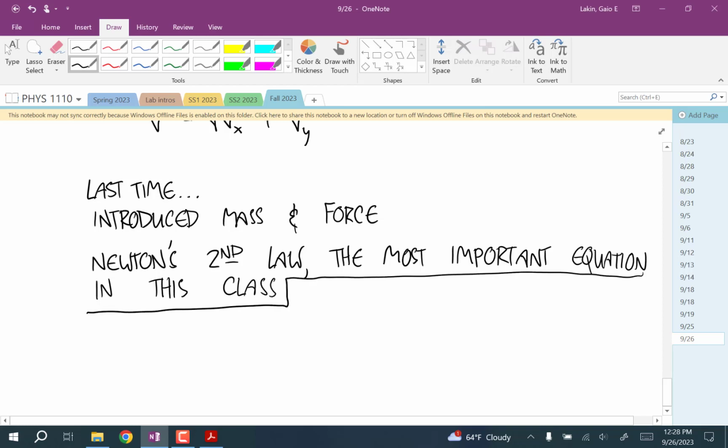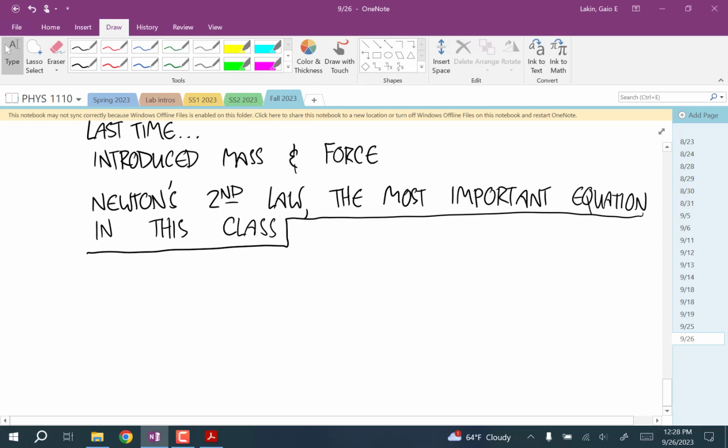Newton's second law says if you add up all the forces acting on an object, I'm calling that F net, and remember forces are vectors, so what you get is going to be a vector. The sum of all these force vectors is going to be equal to the mass of the object times the acceleration of the object's center of mass. I'll just write it as A. We're still doing particles, so we're treating every object like it only exists at its center of mass. So I'm going to leave off the words center of mass.